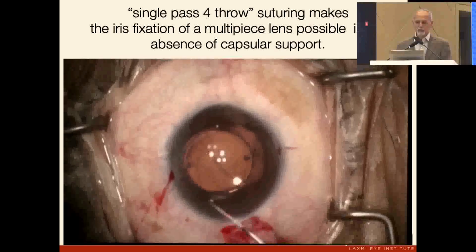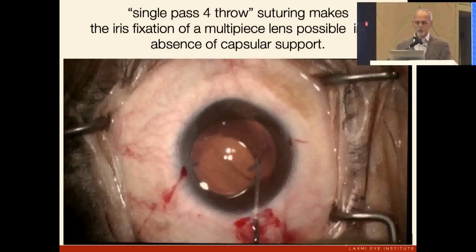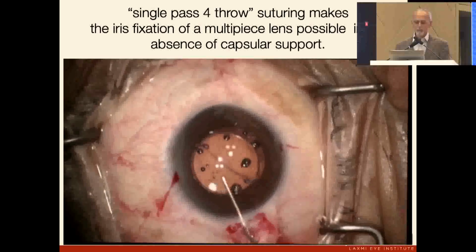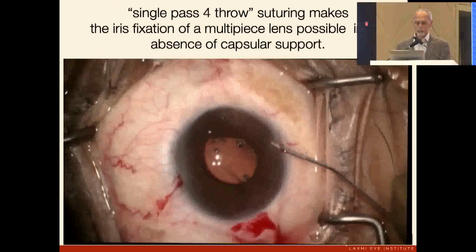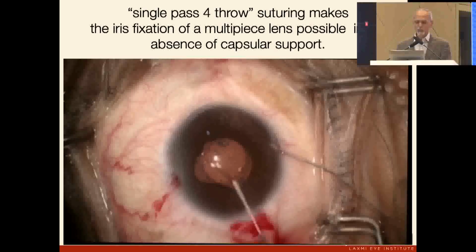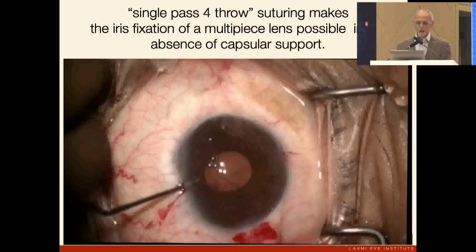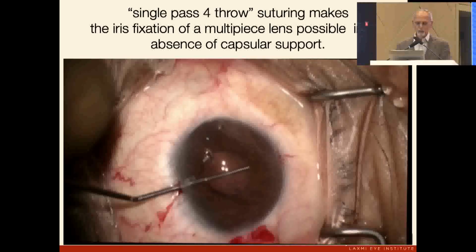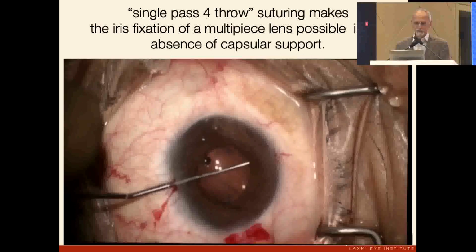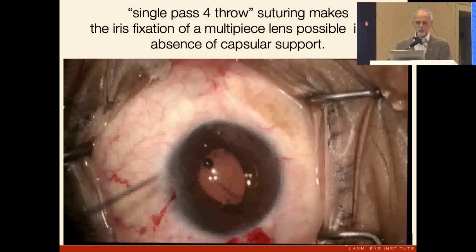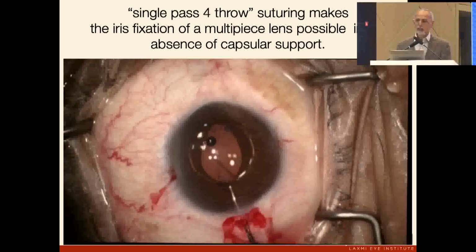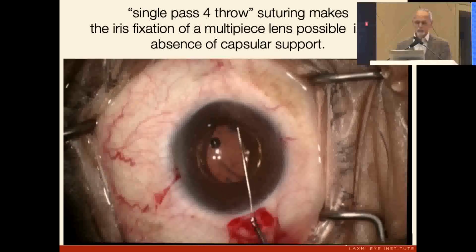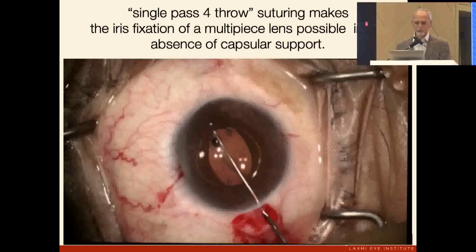Now, this is a case where the PC has ruptured and partly the rhexis has ruptured. So there is not enough support for the lens to stay in the sulcus. However, you push it back or rotate it back into the sulcus on the top of the capsule, constrict the pupil, go with the spatula through the side port and lift the optic up, and in a constricted pupil do a reverse capture.